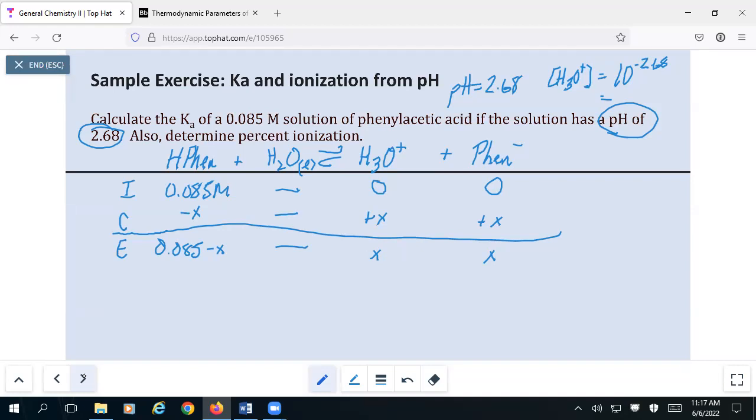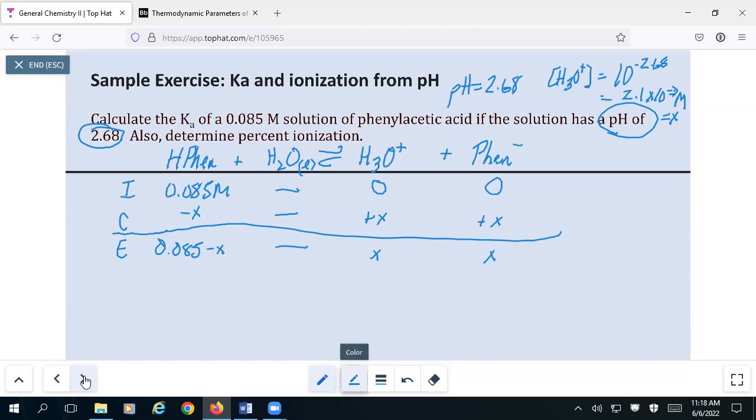Since I have 2 decimal places, I'm talking about 2 sig figs here. 2 sig figs will give me 2.1 times 10 to the negative third molar as the concentration of the hydronium ion. That's also going to be my value of X here.